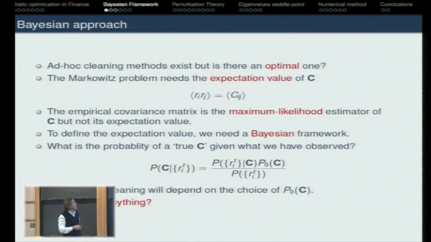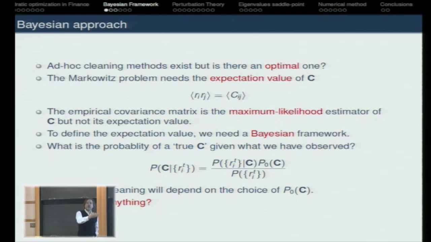Okay. So now, I'm saying that if you optimize portfolios using the sample covariance matrix, you get pretty bad results. Can you do something better? There have been ad hoc cleaning methods. One we've proposed is to say that the large eigenvalues clearly are signals, and the bulk of them are well fitted by Marcenko and Pastur.